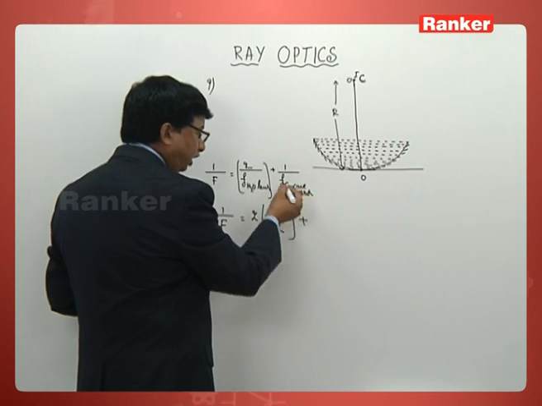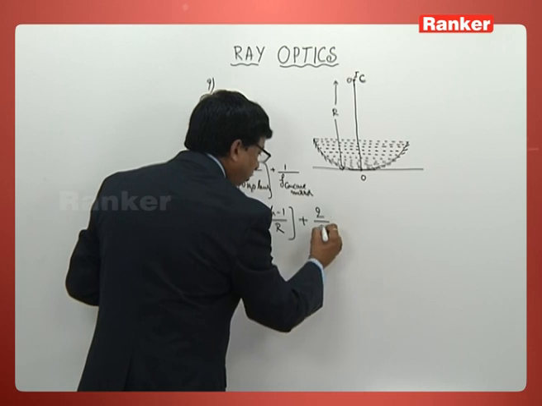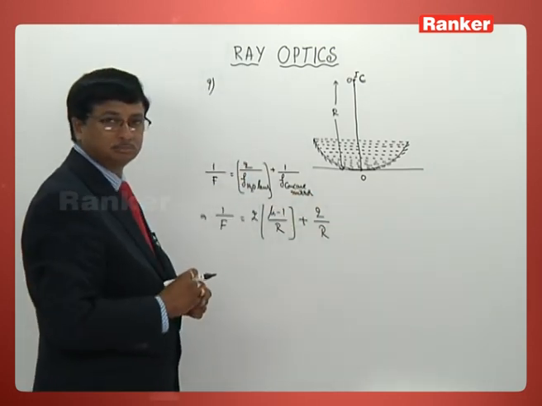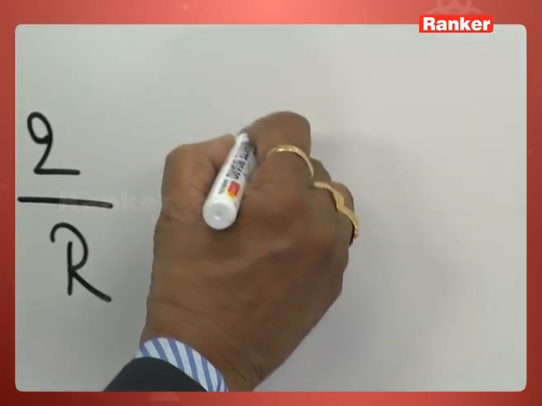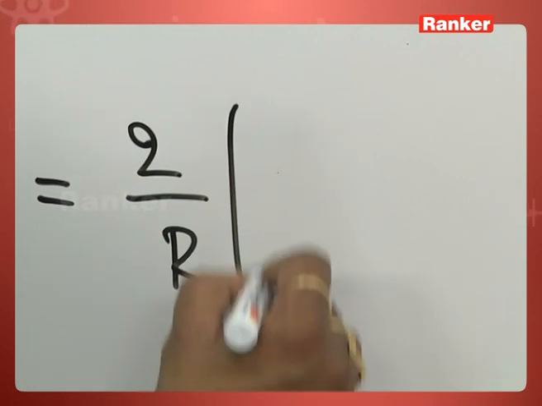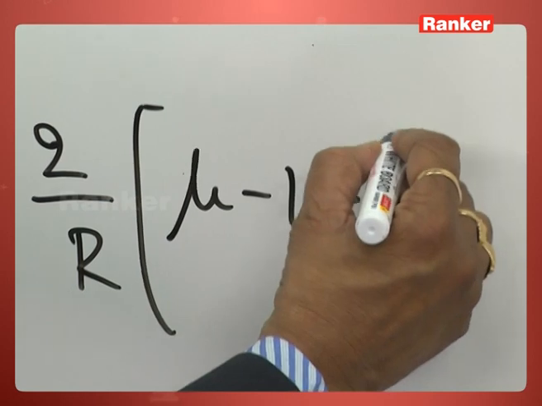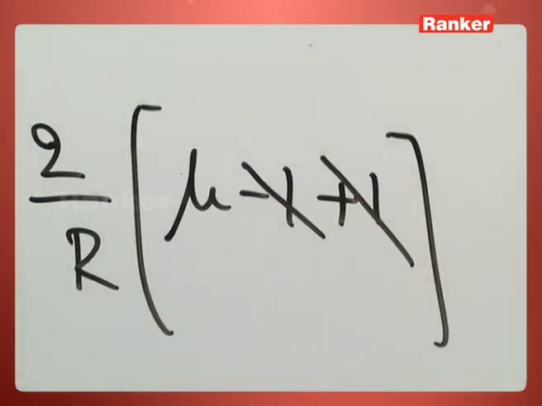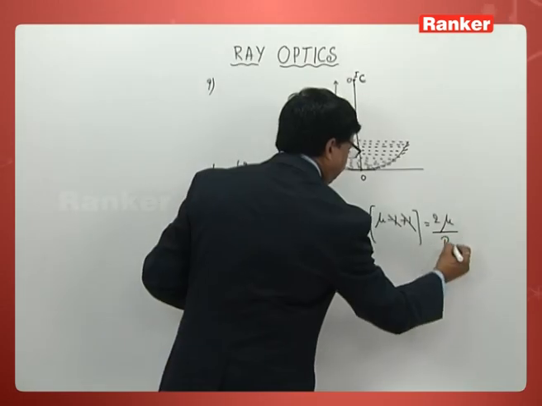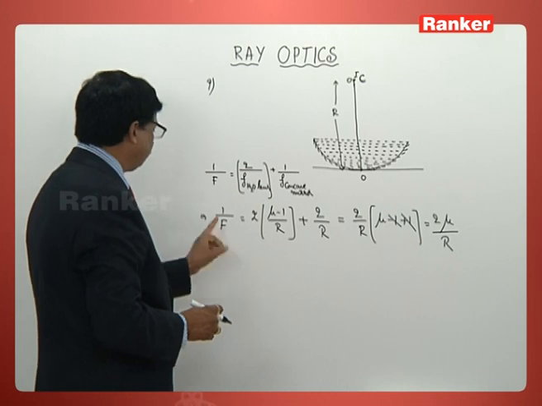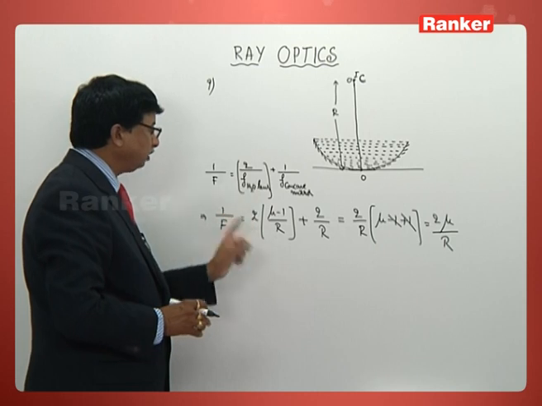So how do we write the focal length now? 1 by r by 2 now becomes 2 by r. So what will be the result now? If I take 2 by r common, this becomes mu minus 1 plus 1, then this gets cancelled. So what is left over? 2 mu by r. That is the value we are getting for 1 by f, the reciprocal of the focal length of the system.